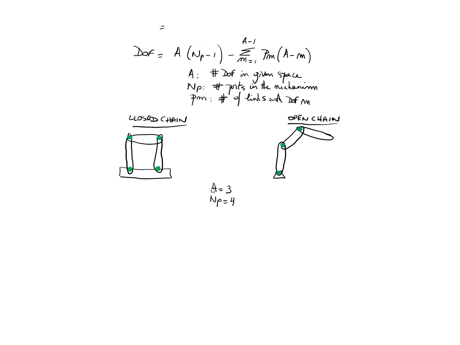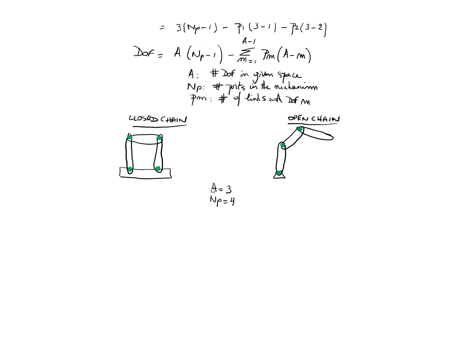So it will be 3 times NP minus 1, just to give you an interpretation of the formula. So A equals 3, and you have a sum from m equals 1 to 2, so we'll first write it down for P1 times A, that's 3, minus 1, minus P2 times 3 minus 2.